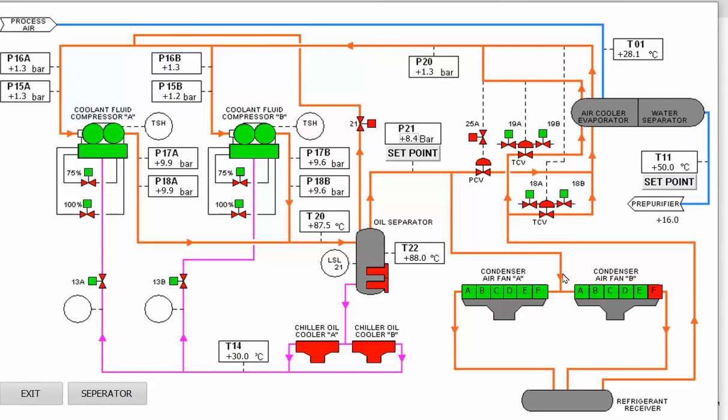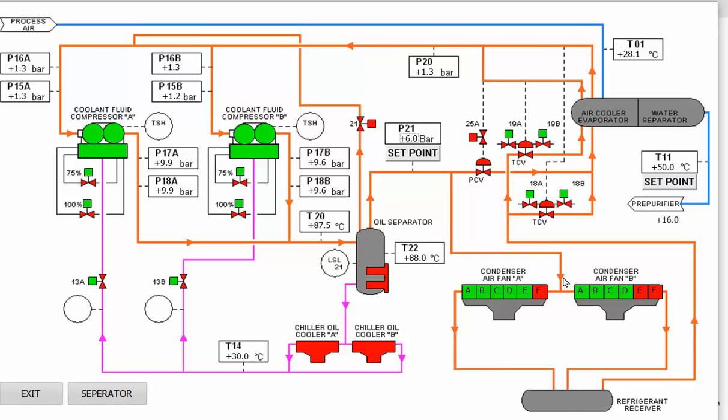We are at set point minus half of dead band. The capacity of the air condensers will decrease, and the fans will be shut down one by one, and that's all.